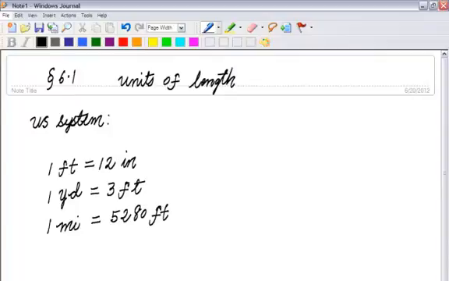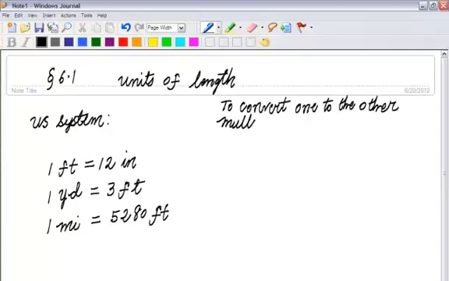Now, there are three units of length that I wrote down. So how do I convert from one to the other? To convert from one unit to the other, multiply by the following.